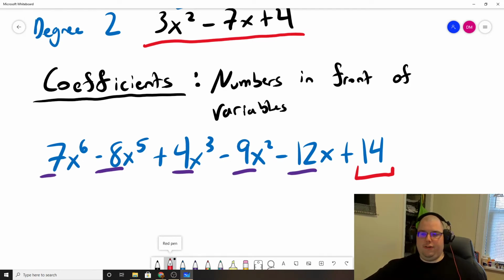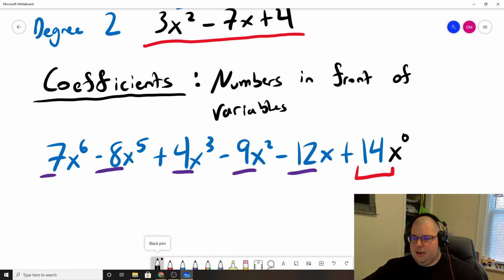It all depends on who you're talking to. Somebody that doesn't view 14 as a coefficient because it's not in front of a variable won't be mad at you for calling it a coefficient, because some view it as the coefficient of the x to the 0 term. Of course, any number to the 0 is 1, so x to the 0 is 1, and 14x to the 0 is the same thing as regular 14.